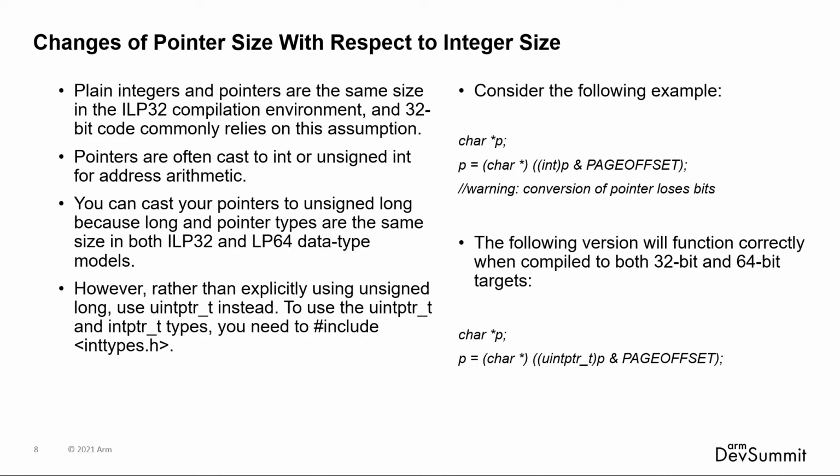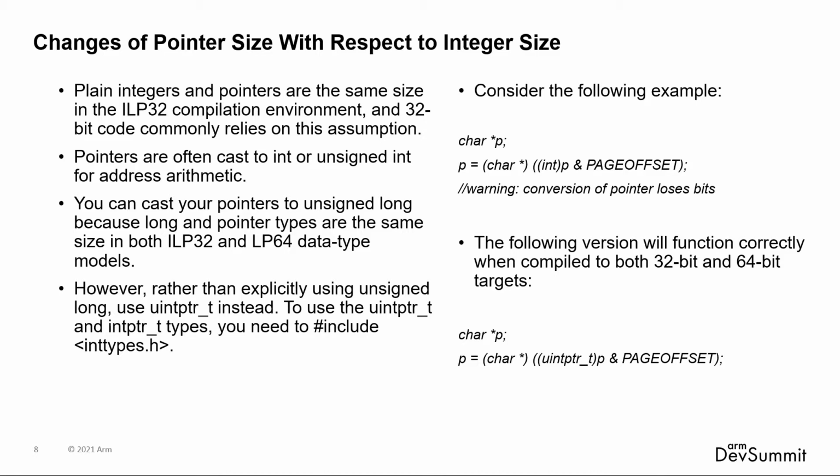However, rather than explicitly using unsigned long, use uintptr_t, or unsigned integer pointer type, instead, because it expresses your intent more closely and makes the code more portable, insulating it against future changes. To use the uintptr_t and intptr_t, you need to include the file inttypes.h.